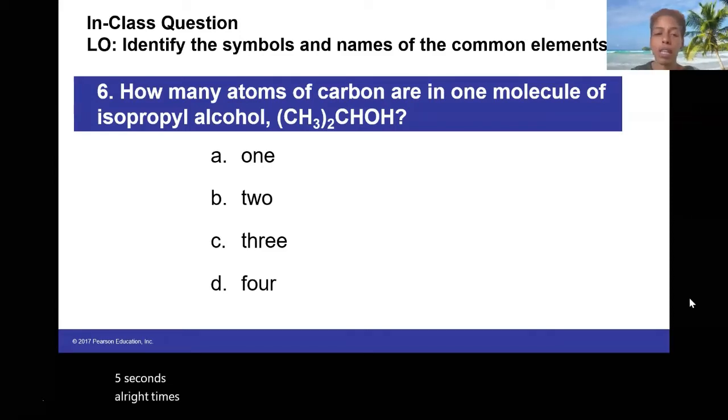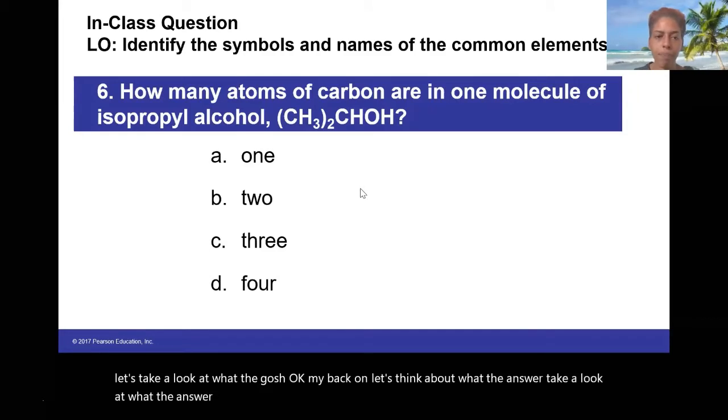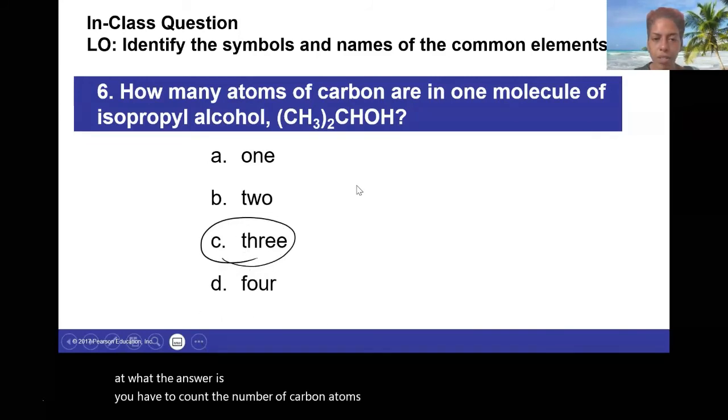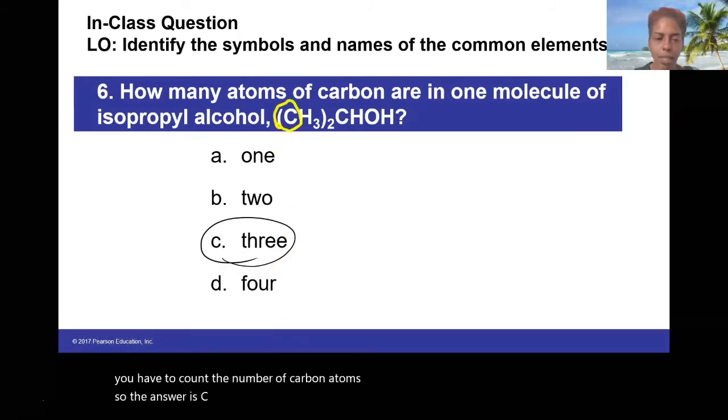Okay, am I back on? Let's take a look at what the answer is. You have to count the number of carbon atoms. So the answer is C, 3. Why? Because I've got a carbon in the parentheses and there's a 2 on the outside of the parentheses.